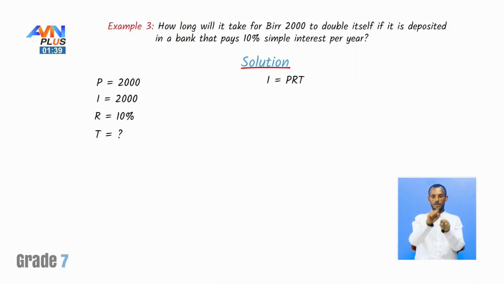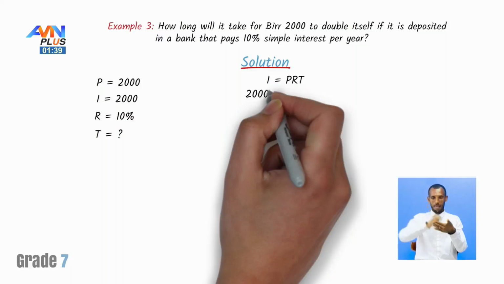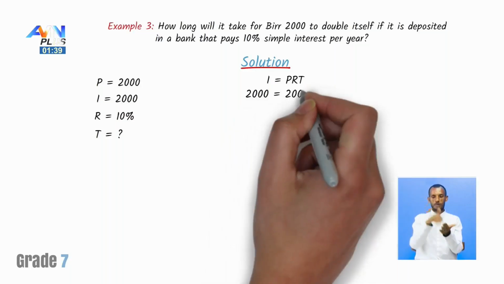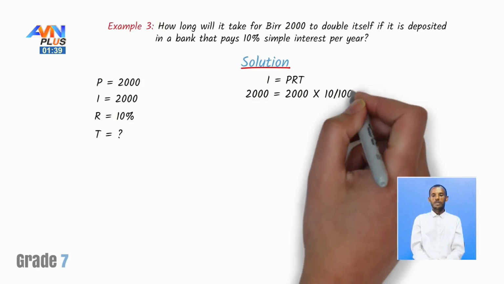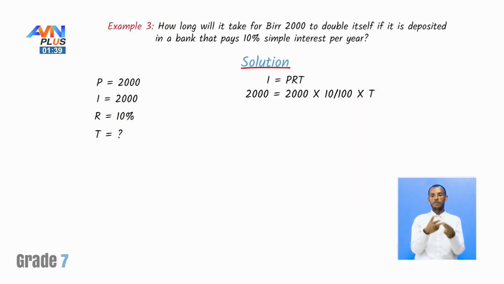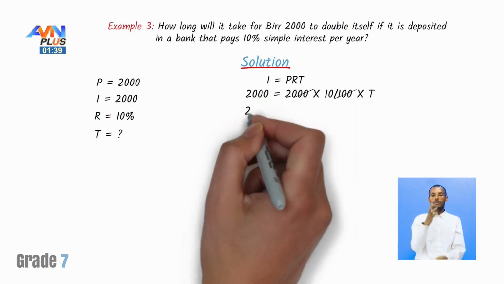Here the simple interest is given, it is 2,000. The principal is also 2,000 times the interest rate 10% times T. So we need to calculate T.